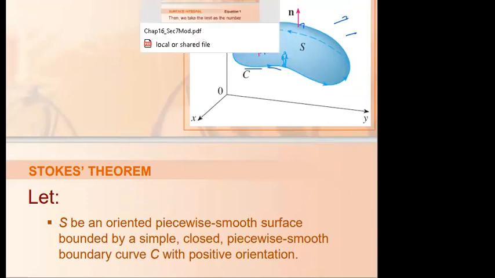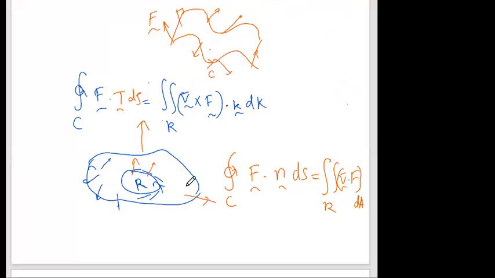That means the 3D version of this. So this is the 2D version of Green's theorem. The 3D version would be the same thing, right?